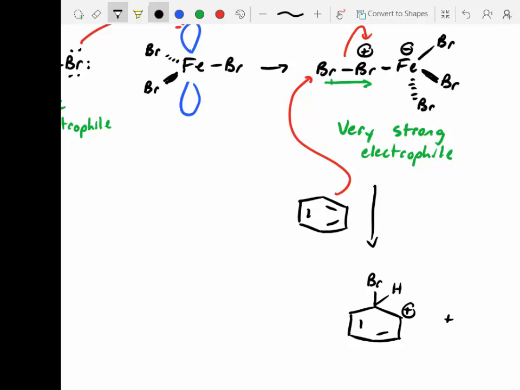And now we've got, let me draw it over here. Got this tetrahedral iron complex now. And this iron is still a negative charge, so it's not super happy.